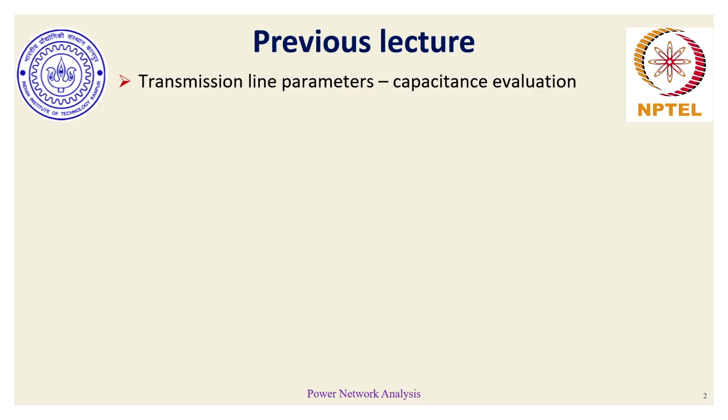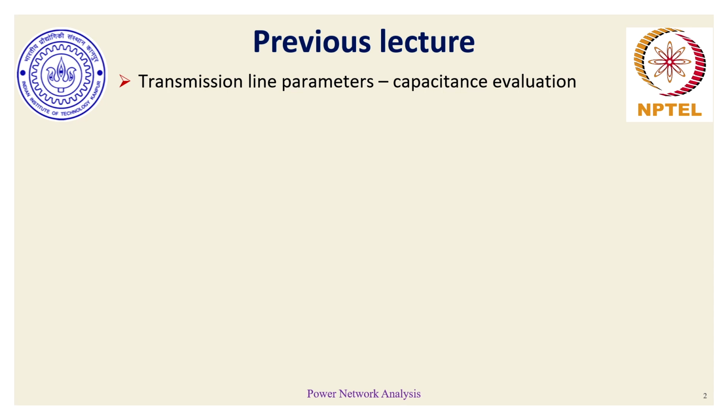Today we will focus on evaluation of capacitance of actual three-phase transposed lines and how earth or other nearby potentially free or zero potential surfaces can increase or decrease the overall capacitance of transmission lines, which we will see.